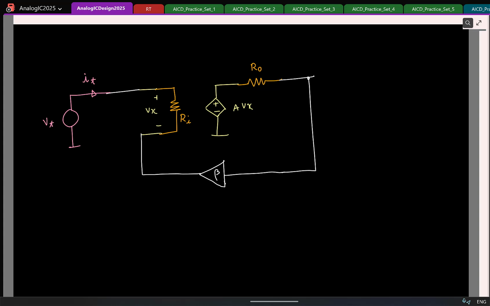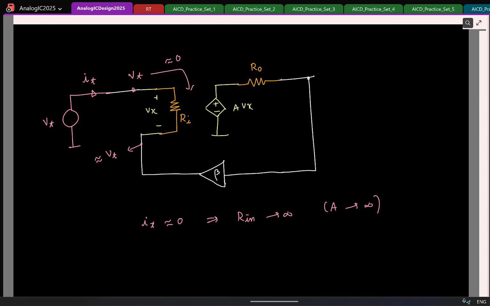This is the input quantity, this is V test. So this voltage will also approximately be V test. The current flowing through RA is approximately 0, so the test current is approximately 0, which means the input resistance is infinite. And this is true if your gain A is actually infinity.